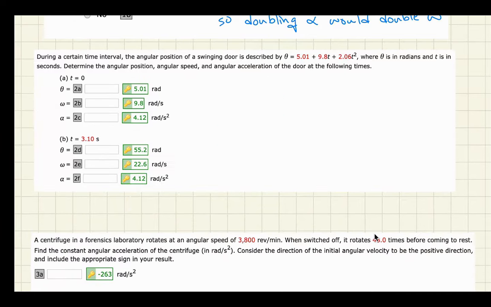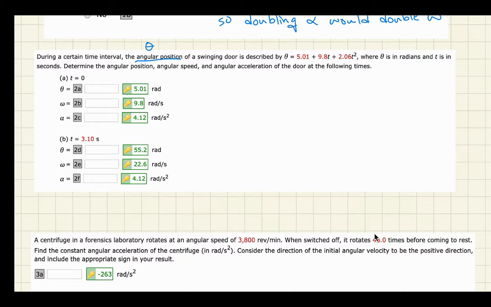Moving on, during a certain time interval, the angular position, that would be theta, of a swinging door is described by theta equals some function. Sounds like we're going to be doing calculus on this question, where theta is in radians and t is in seconds. So this is a function in terms of time. Determine the angular position, angular speed, and angular acceleration of the door at the following times.